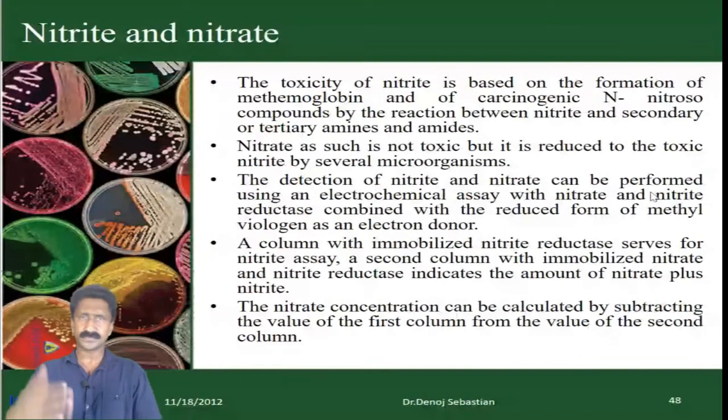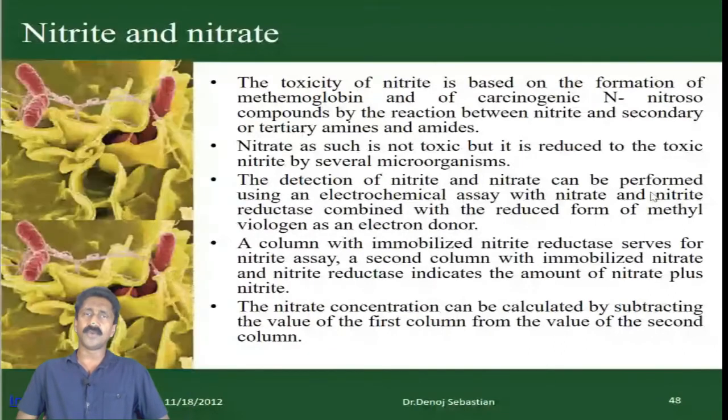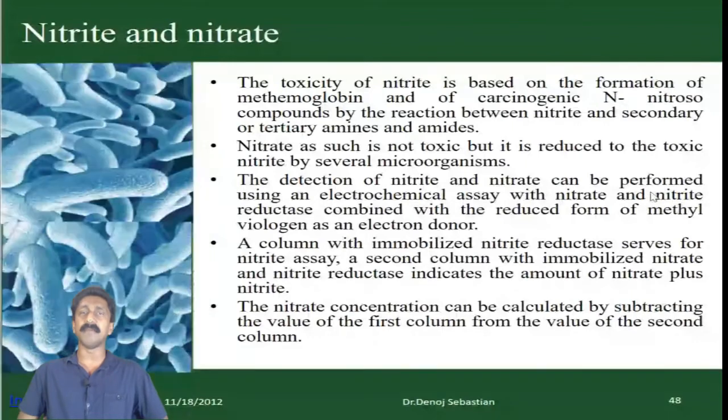Then detection of nitrite and nitrate can be performed using an electrochemical assay with nitrite and nitrate reductase combined with the reduced form of methyl viologen as an electron donor.